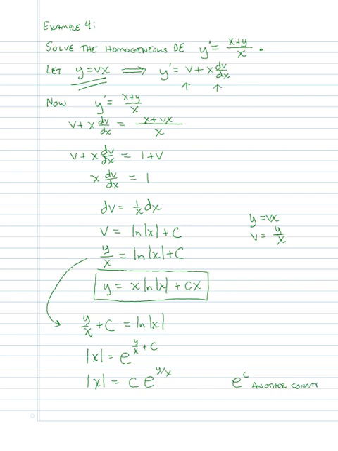And so rather than just changing subscripts, I'm just calling that c, and that's where that came from. So that tells us, since the absolute value of x is something, x is either plus or minus that. But once again, we don't really care whether c is positive or whether c is negative. c is any arbitrary constant. And so the plus or minus gets eaten up by this constant, basically. And so x is equal to c times e to the power y over x. So this is another way that the solution can be written.